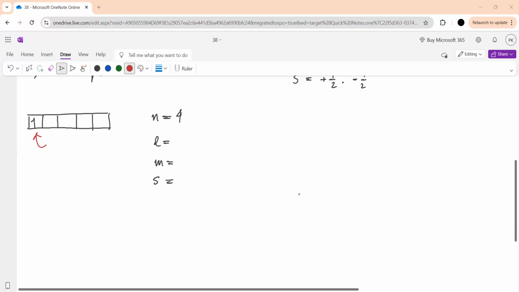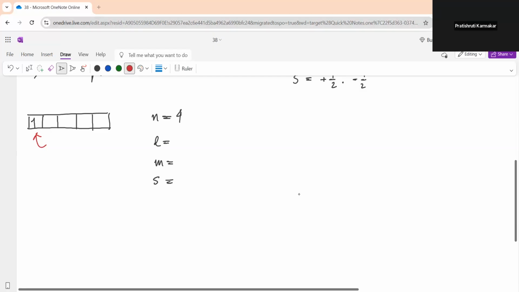Ma'am, l is 0, 1, 2, 3. No, I am asking you for the specific electron. Yes, the values of l for n equal to 4 will be 0, 1, 2, 3.